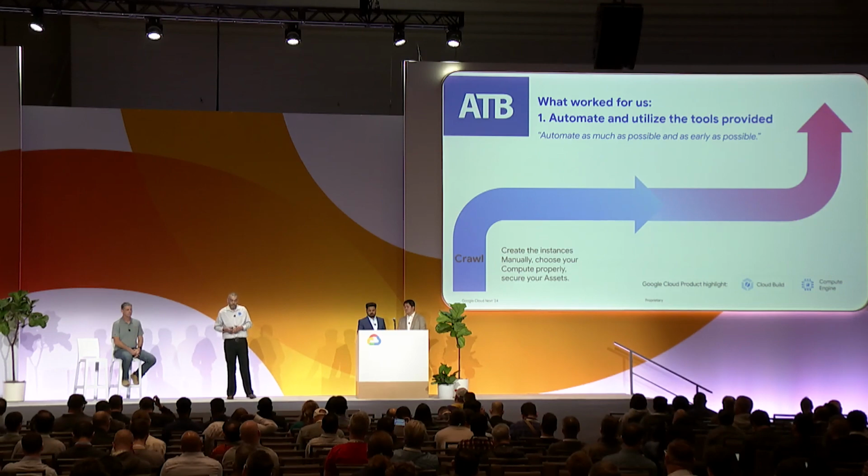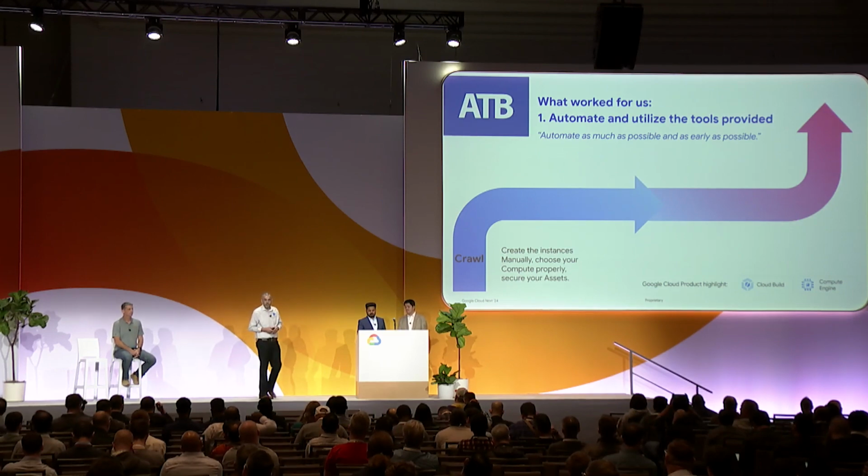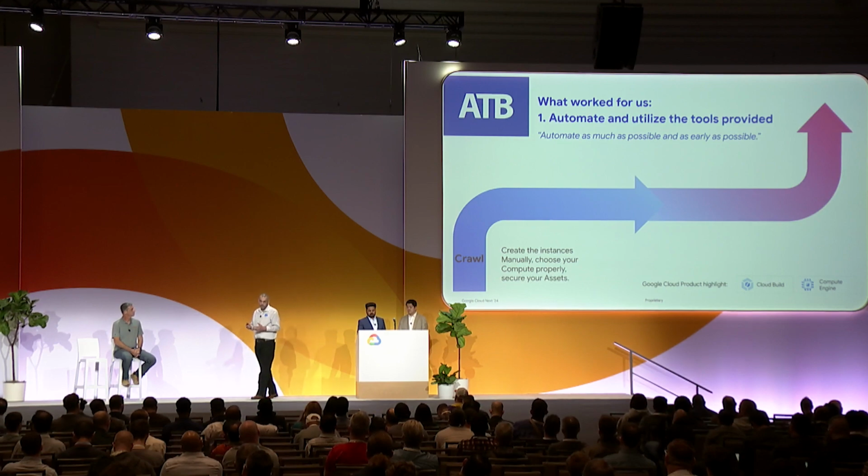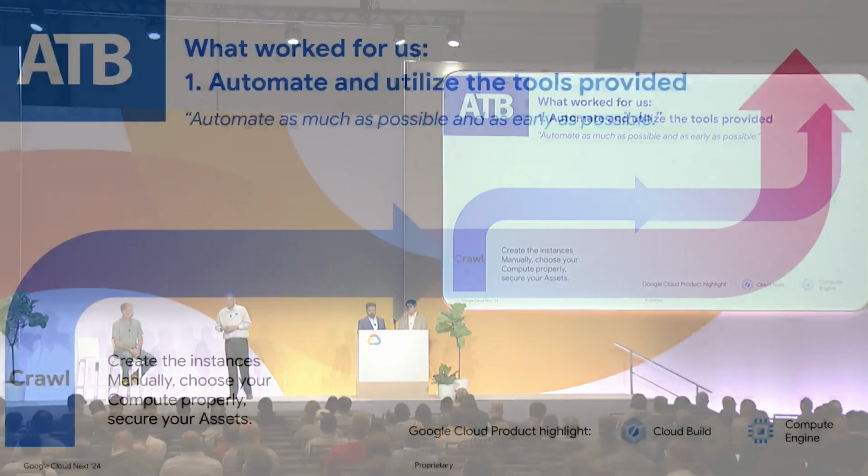But when reflecting on my work with several projects and several teams at ATB Financial, I noticed a crawl, walk, run pattern. In the crawling stage, we use spot instances instead of dedicated VMs, which with large CPU and memory requirements can be expensive.